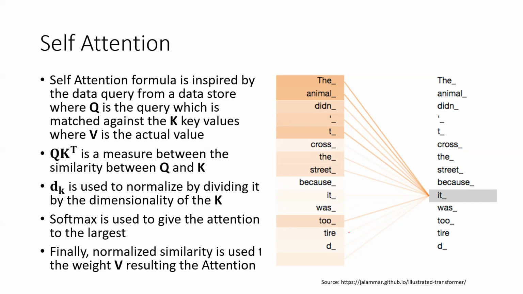In the self attention mechanism, we are using all the x values, all the words, against all the words in the context. That means, say you are giving a sentence like this: The animal didn't cross the street.